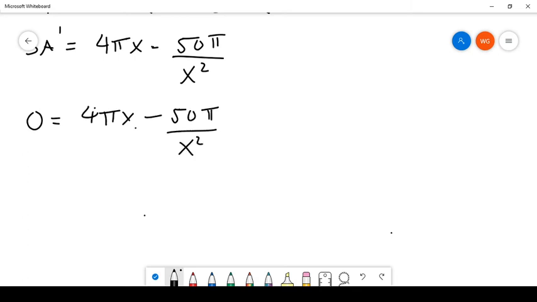How do I solve this? Well, the first thing I want to do is get rid of my x squared in the denominator. So I'm going to times everything by x squared to get rid of my fraction. Now look, what we find is that the x squared cancels out and multiplies by the x.